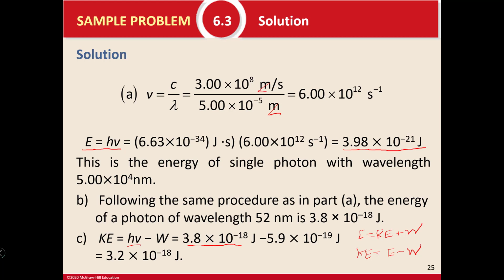You calculated this in part B. There it is. So we plug that in for h nu minus the binding energy, which is in electron volts that we converted to joules. Make sure these units are in agreement. Remember, they have to be in agreement.